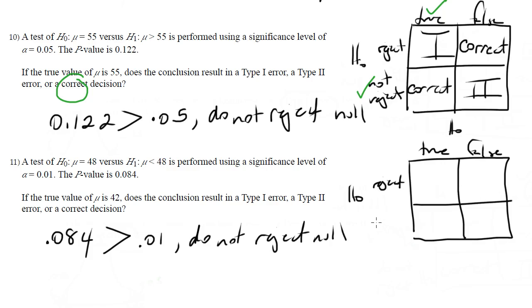Either we rejected it or we did not reject it. Type 1 error, type 2 error, correct, correct. So the mean is less than 48. It's not 48. Less than 48. So the null hypothesis was false. We did not reject the null hypothesis. It was false, but we didn't reject it. Type 2 error.